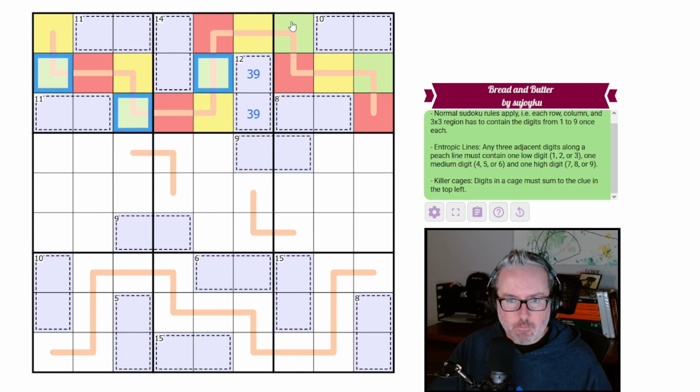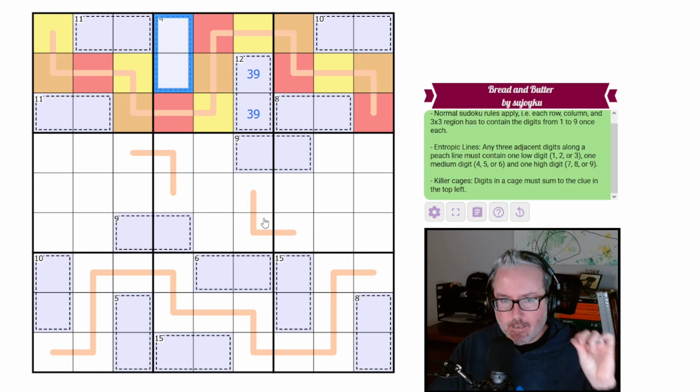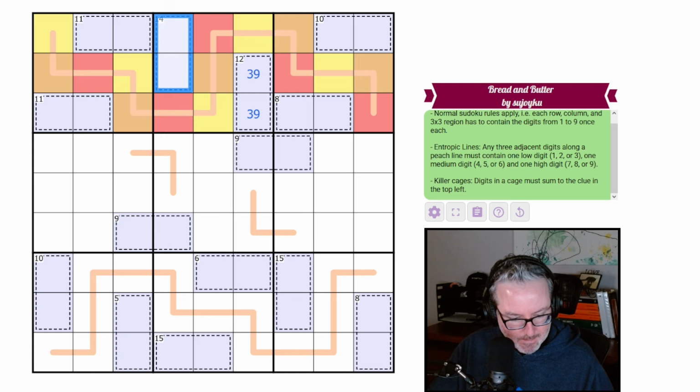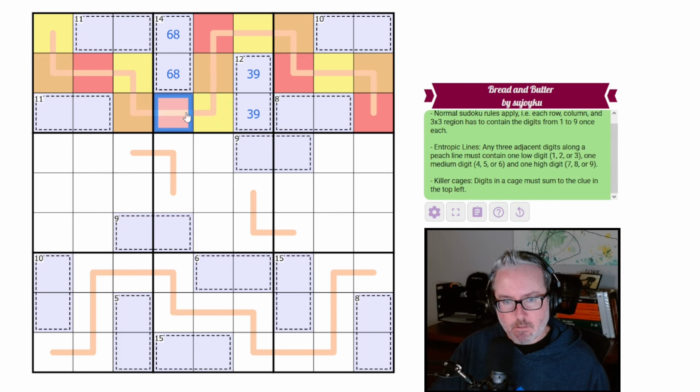Green is going to be high. So let's swap that out for a color that we normally use for high. And again, these have to be a high and a mid. Can't use the 7 because you have to pair it with 7. Can't use the 9 because it's already taken. So this is an 8, 6. Now, we don't currently know which color goes to which, other than the orange is high.